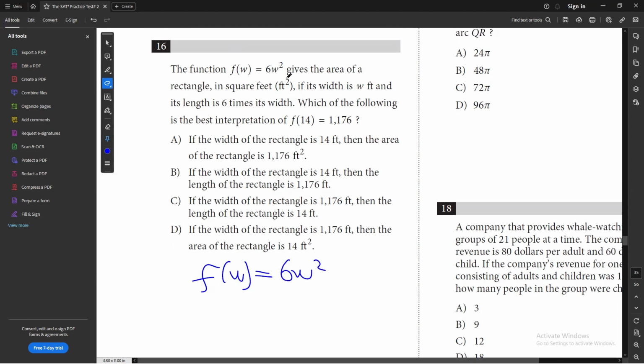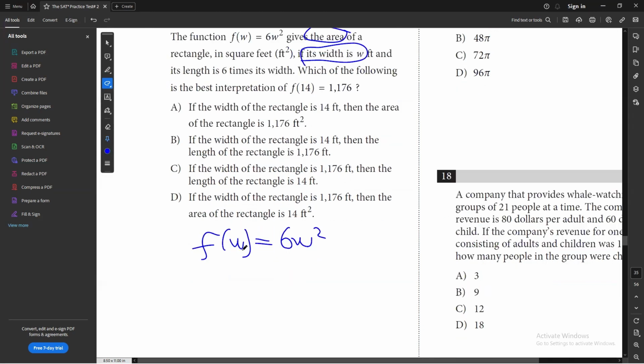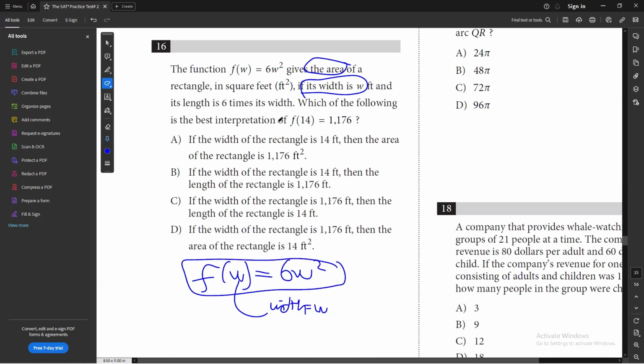And the question says that this gives the area of a rectangle in square feet if its width is w. So we're saying that our width equals w, and this will be our area function. So let's just look at the answer choices and find our correct answer.